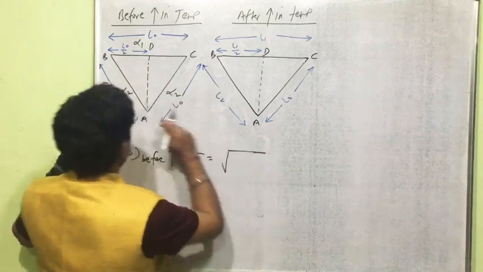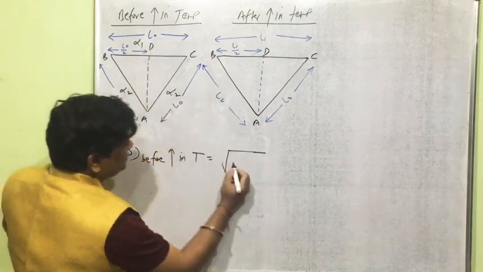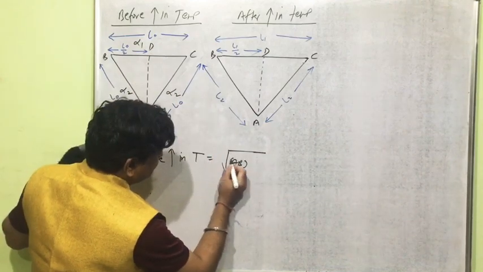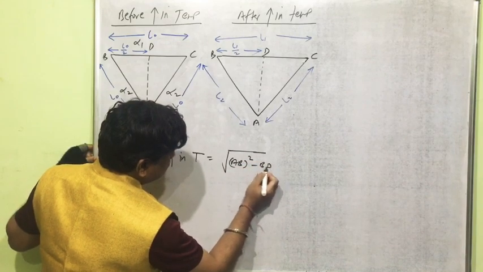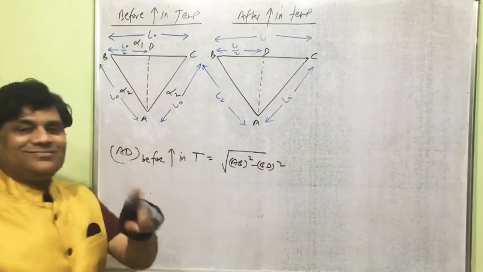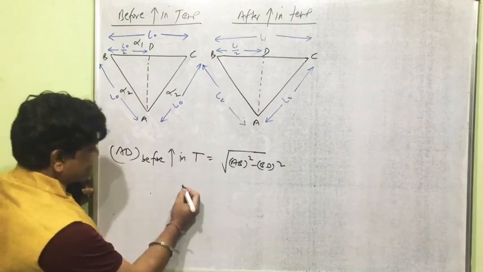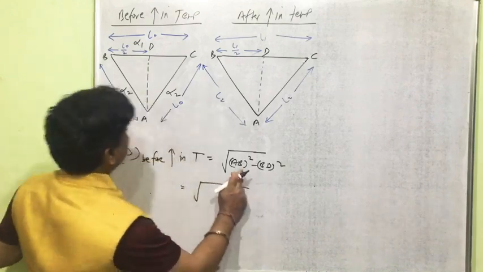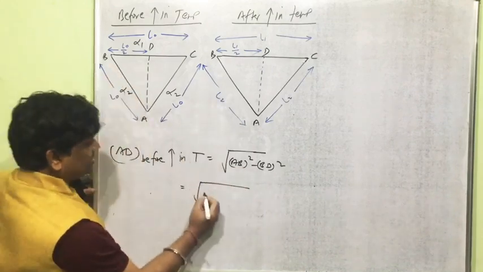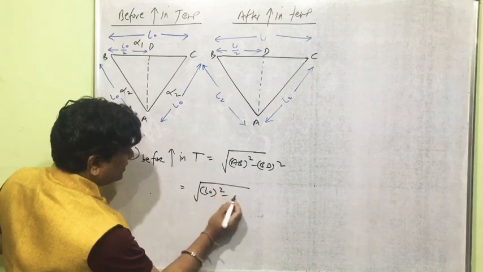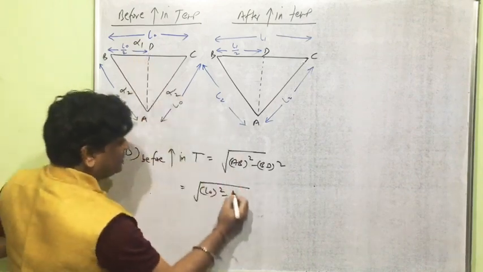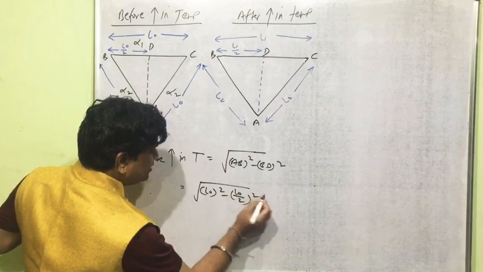Now we can simplify: AB square means L naught square, minus BD, which is L naught by 2, whole square.